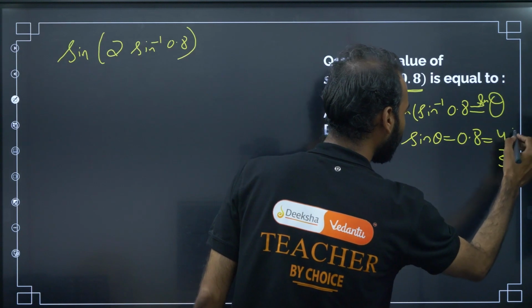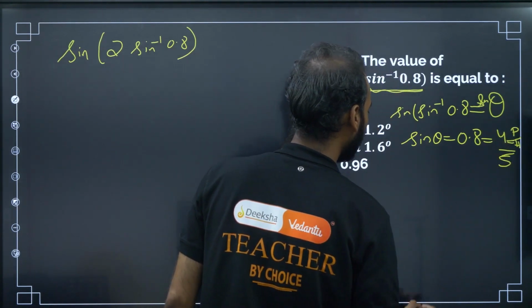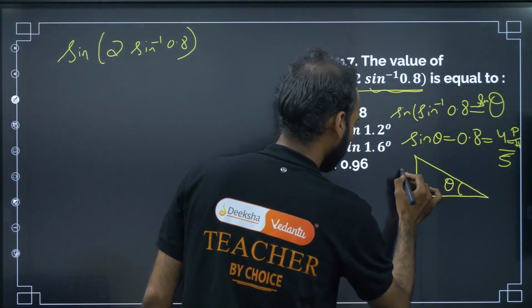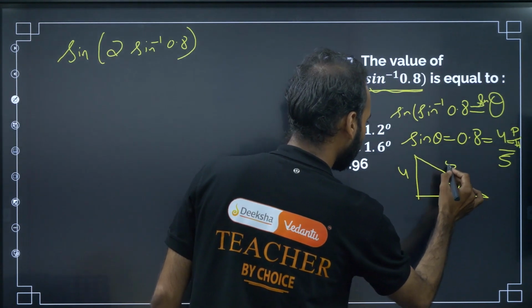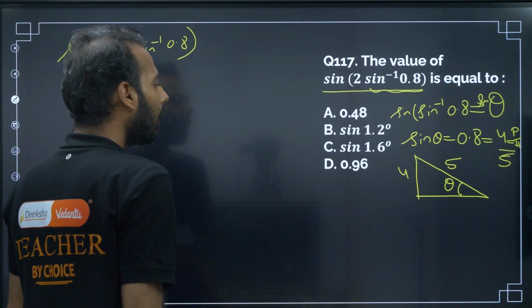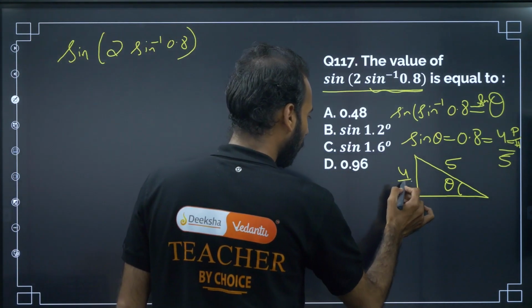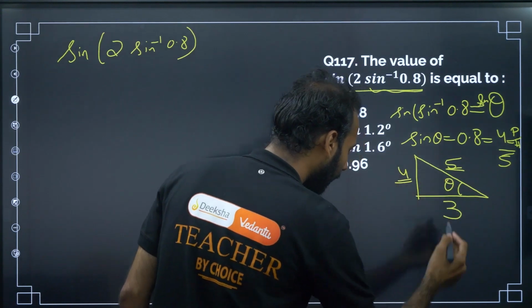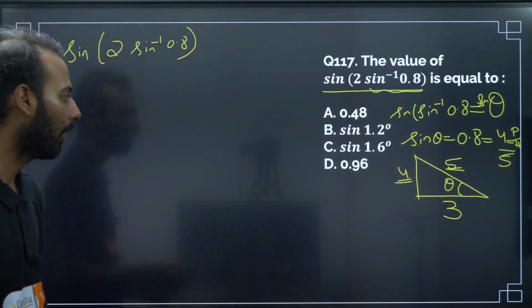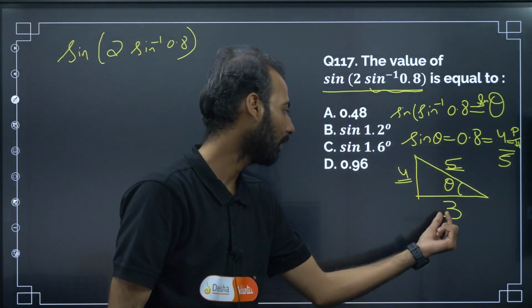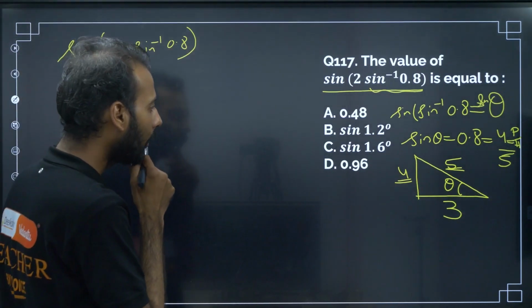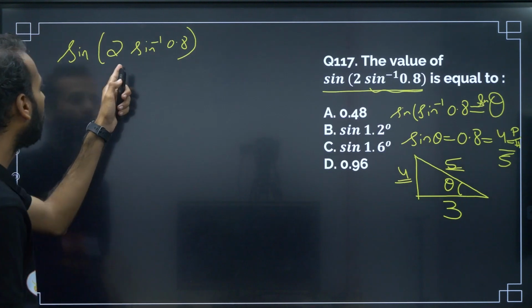Next, sine theta is equal to perpendicular by hypotenuse. We are already aware of this. So for theta, perpendicular is 4, hypotenuse is 5. If perpendicular is 4 and hypotenuse is 5, base is 3. 8th standard concept, Pythagorean triplets. If 4 and 5 are there, the third is 3. So try to recall the Pythagorean triplet 3, 4, 5. Now sine 2 theta.